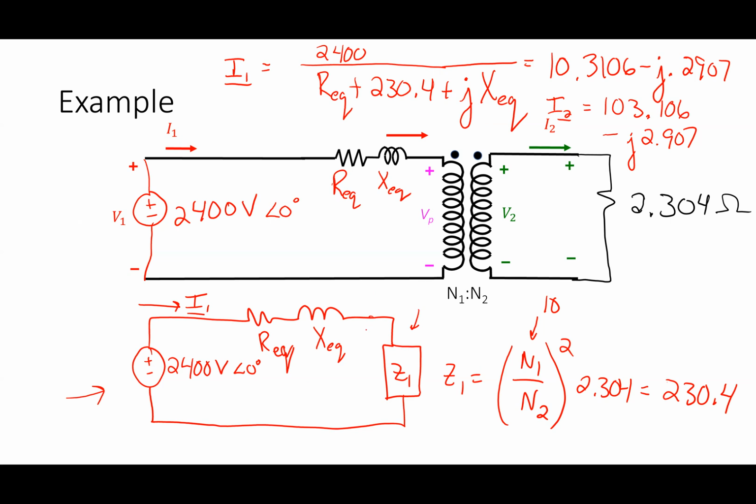The voltage across Z1, where is that voltage in the circuit above it? VP. Once I have VP, I can do exactly what you were saying, Joey, and take that and transform it over to the other side. So how would I get VP in this circuit?